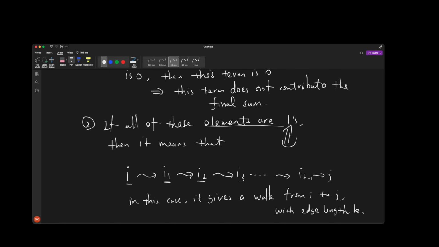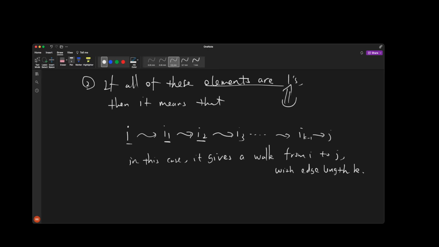So you have this, and at the same time, you have a walk here, and at the same time, this term contributes 1 to the sum.